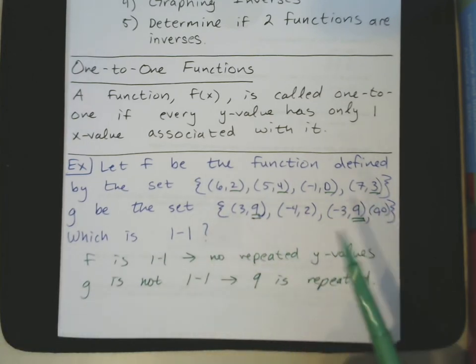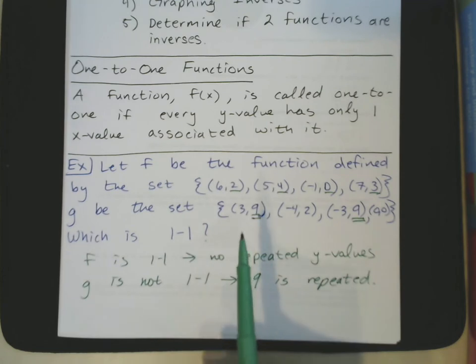Now obviously when we have the ordered pairs explicitly like this, that's easier said than done. And so that's why we need a better mechanism than just brute forcing and looking at all of our points. Because if we have a function that's defined by an equation, we know that that has infinite points, and that's harder to do. So that's why we have the horizontal line test.